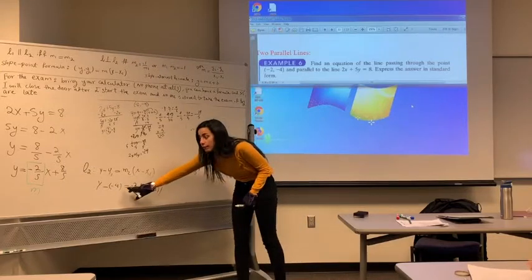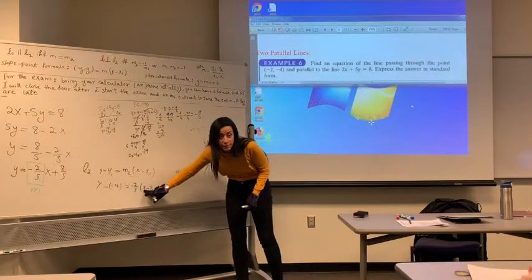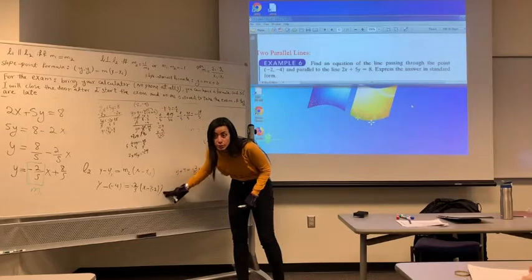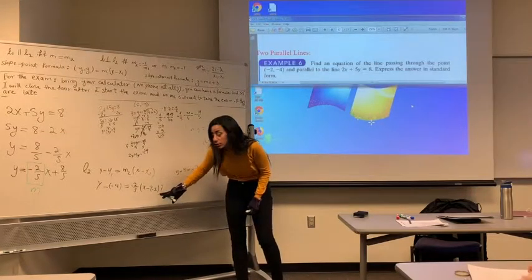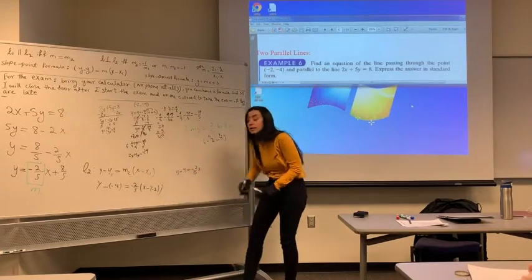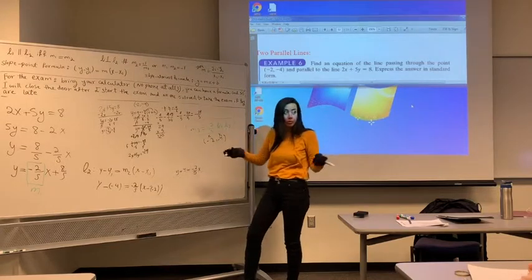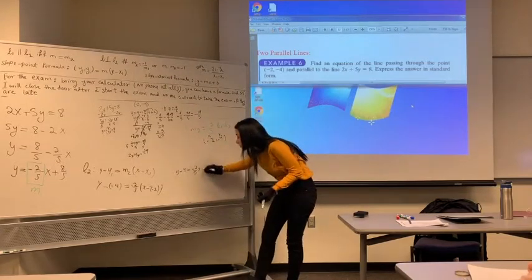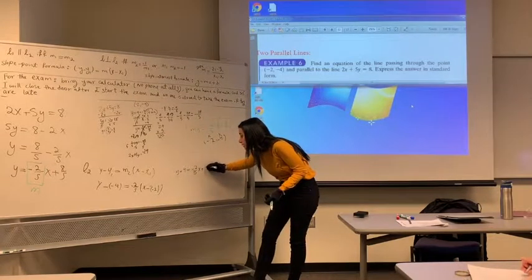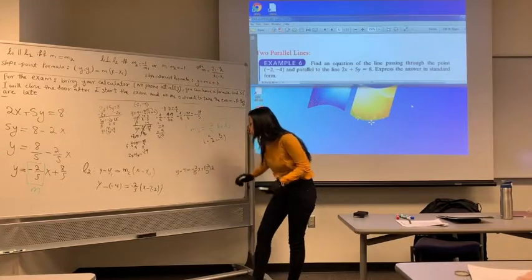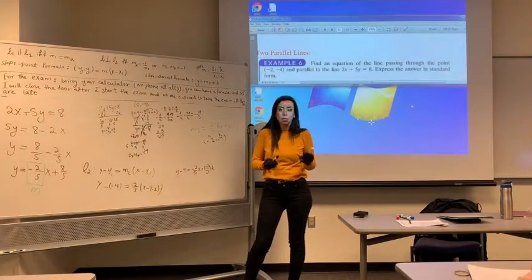So negative 2 over 5 multiplied by the first term and then multiplied by the second term, right? So negative 2 over 5 multiplied by x plus negative 2 over 5 times 2, right?